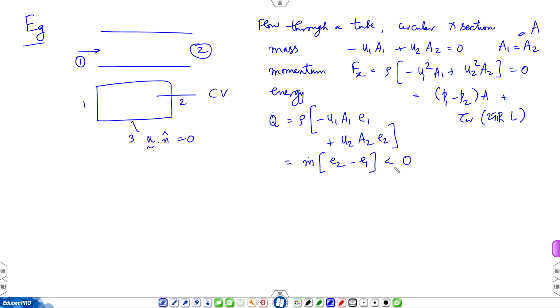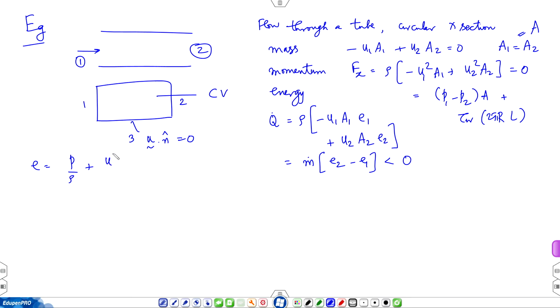This is the energy equation, because Q dot is less than 0, where E is p over rho plus u squared over 2 plus g z. I am just writing out more details than necessary, because it is the very first problem that we are looking at.